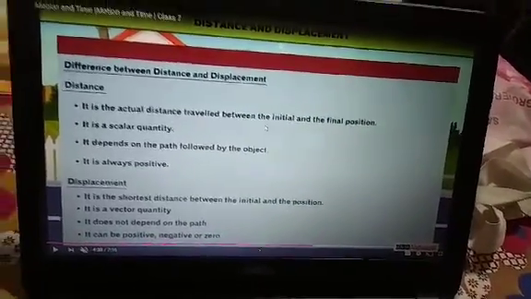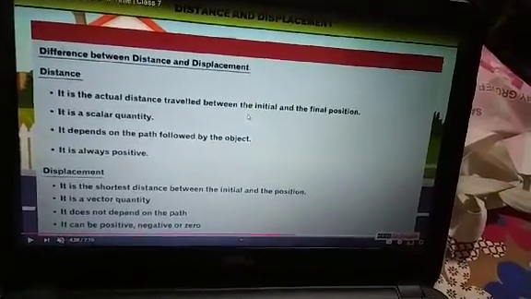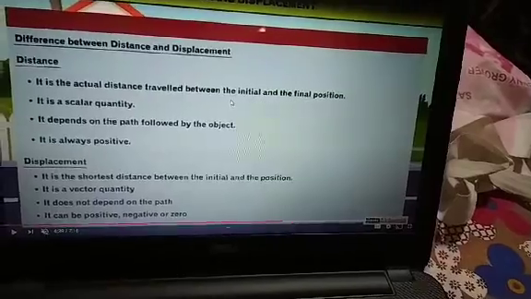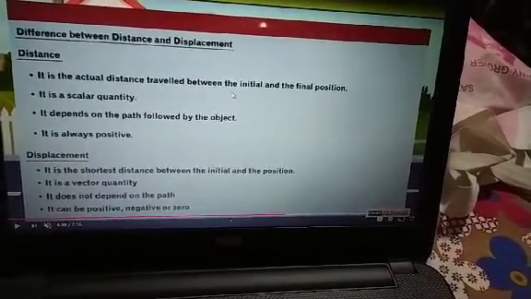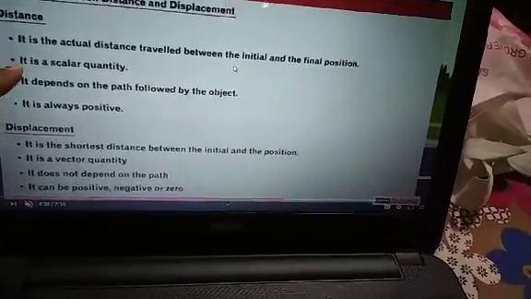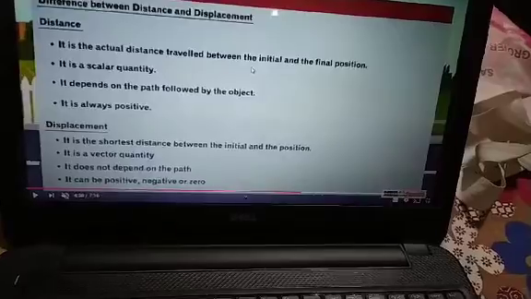Mathematically. And what is displacement? Displacement is the shortest path between the initial and the final position. It is a vector quantity. Especially the scalar and the vector quantity you will read in the higher classes.